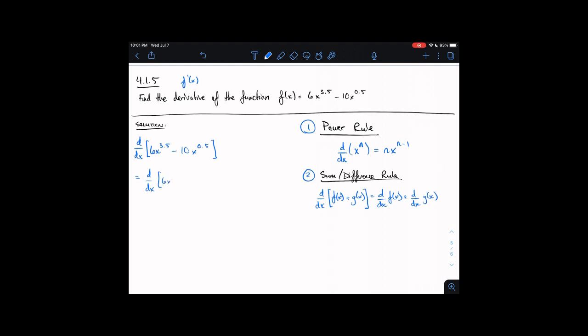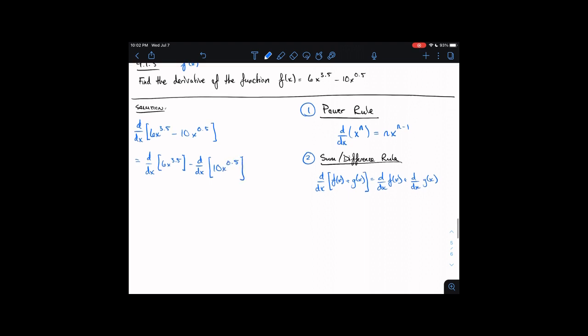It's going to be equal to the derivative of the first thing minus 10. Oh man, I forgot a rule. So there's another rule that I'll talk about right after this. I'm going to need it. So actually, let's do it right now. So let's do number 3.